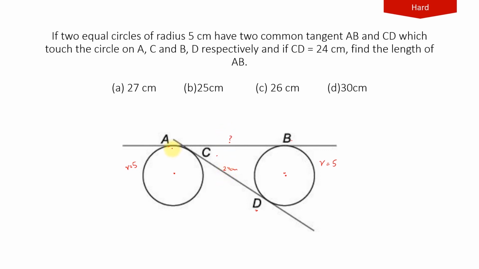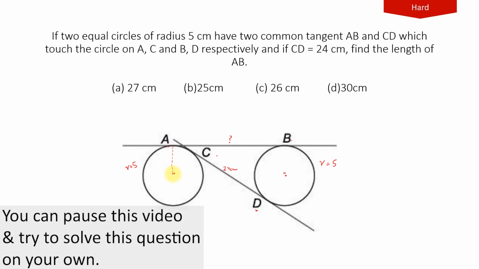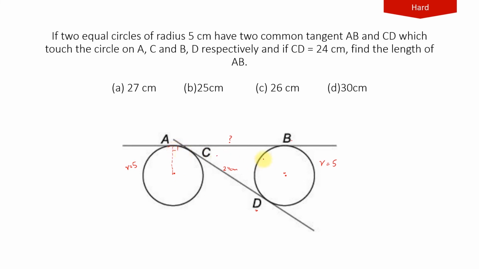Since we have tangents and we know an important property that the radius at that point where the tangent is touching is at 90 degrees. So let us draw the radiuses to the first tangent. So we have drawn two radiuses and they are at 90 degrees.